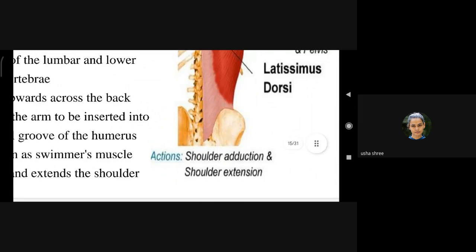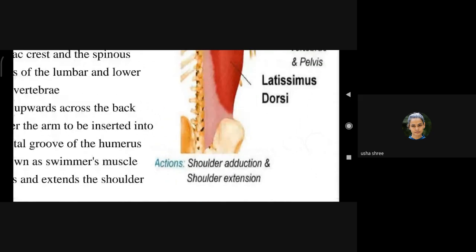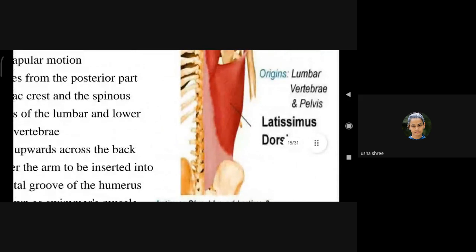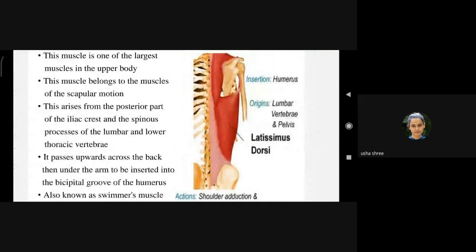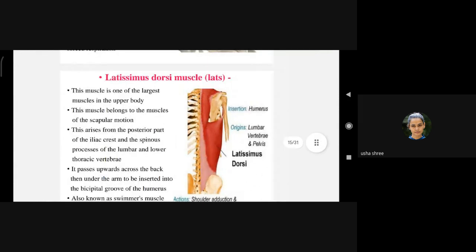From here this latissimus dorsi is originating, and also from the lower spinal vertebrae, and its insertion point is in the humerus. Humerus is the bone of our upper arm.